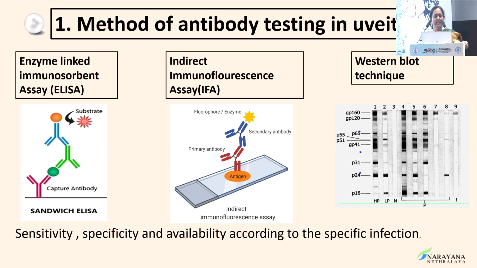We have ELISA, the commonly used one, that is enzyme-linked immunosorbent assay. The second one is indirect immunofluorescence assay. The third one is the Western blot technique. We choose the test depending upon the disease, the sensitivity of the test, the specificity of the test, and the availability and affordability for the patient, according to the specific infection.